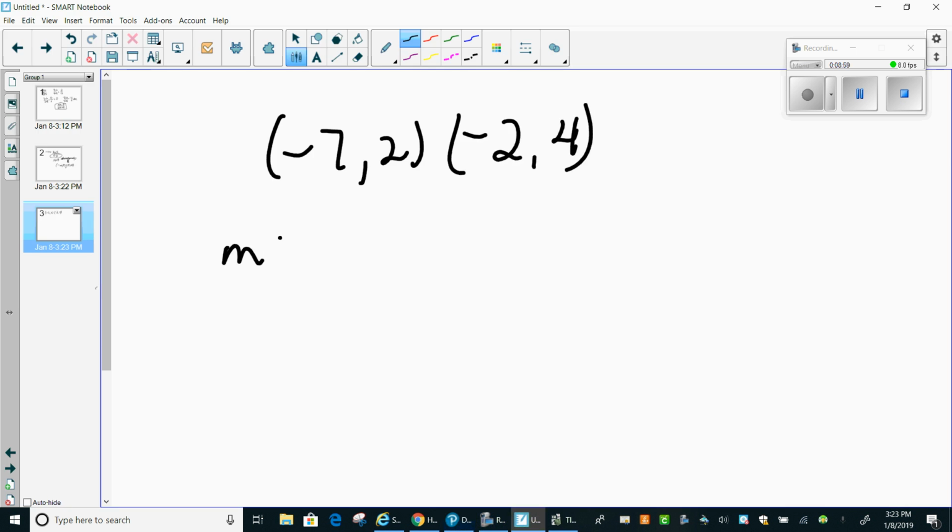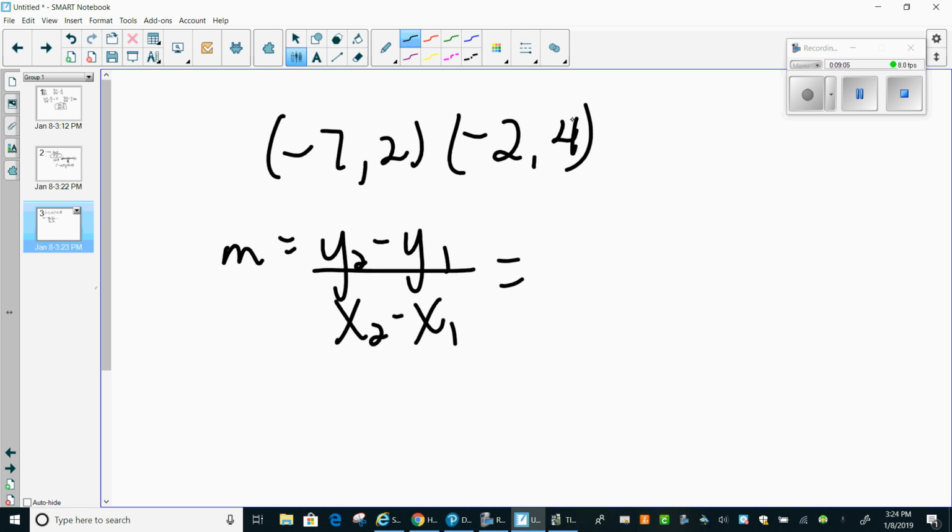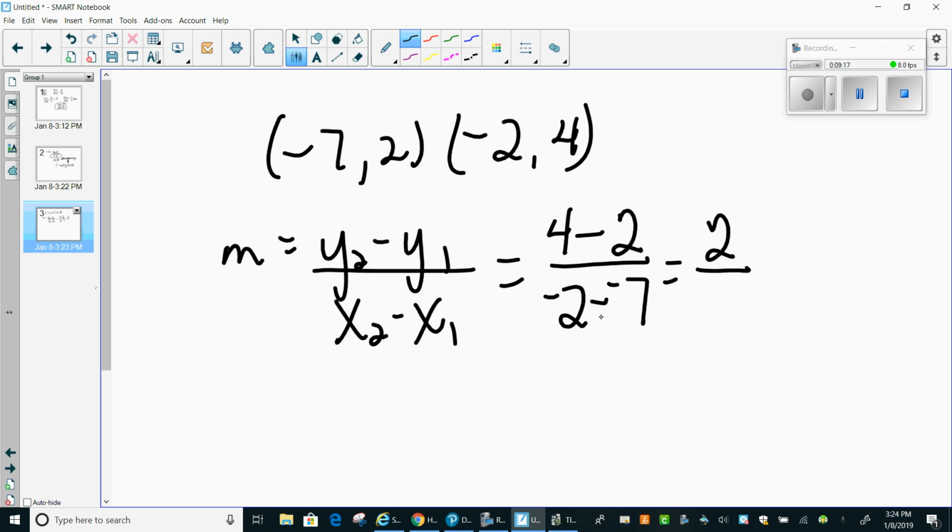Slope formula is y2 minus y1 over x2 minus x1. For this particular problem, the top would be 4 minus 2. The bottom would be negative 2 minus negative 7. So the top is going to be 2. 4 minus 2 is 2. Negative 2 minus negative 7 is 5. So this line will be 2/5.